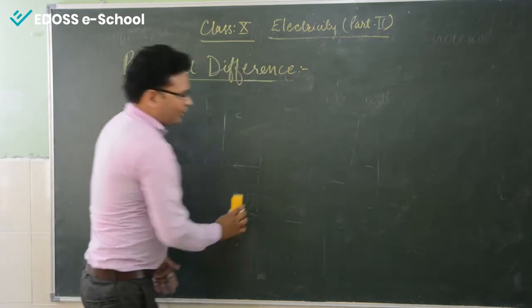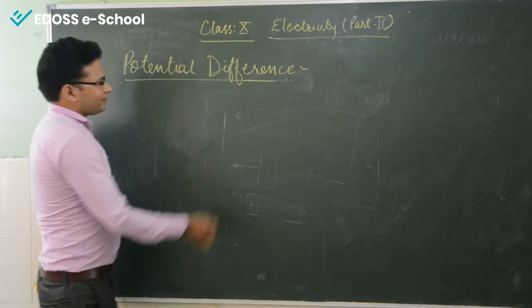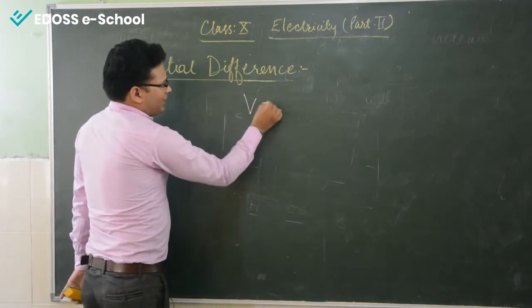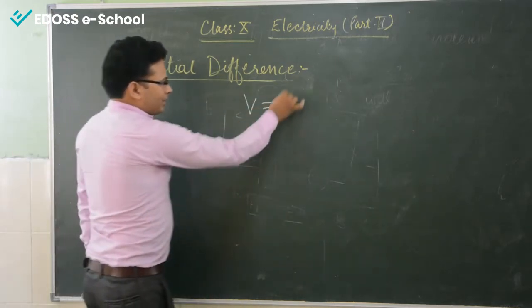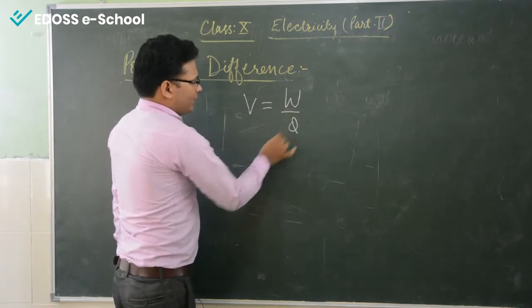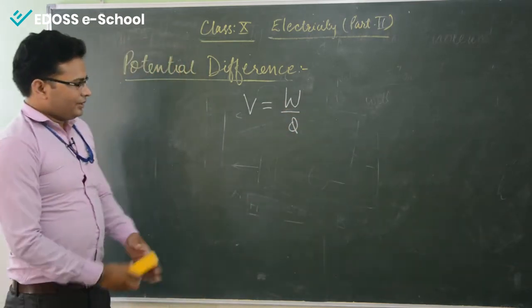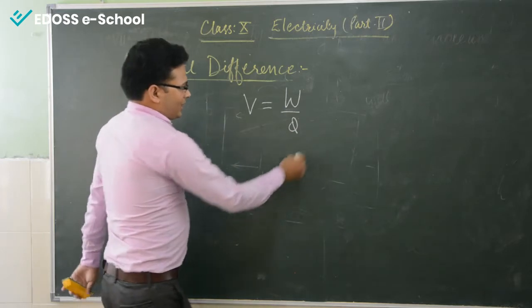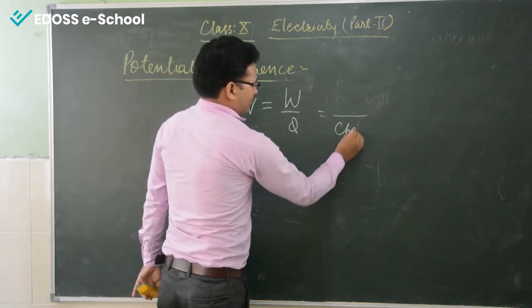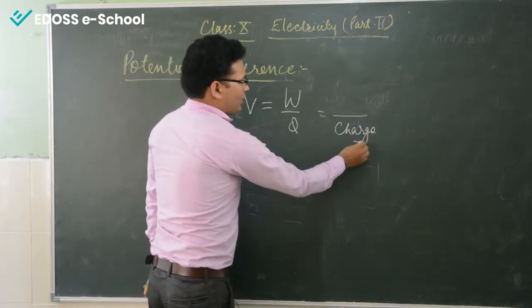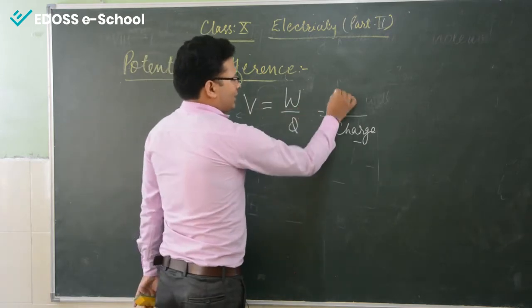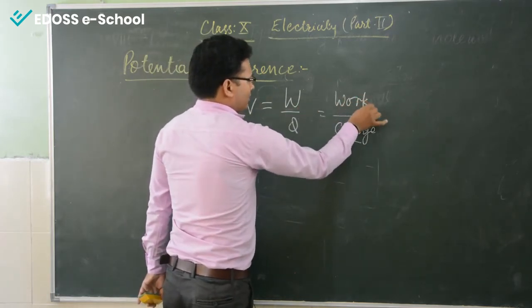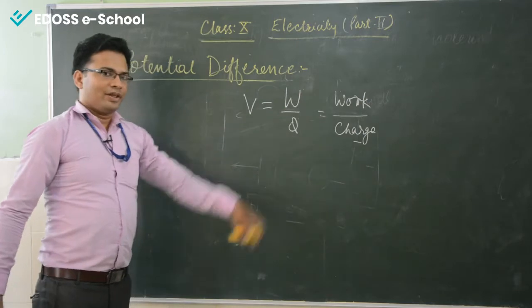Now for the units or the formula, we generally write V is equal to W by Q. Q, as I said earlier, stands for the charge. Charge is measured in coulombs and work stands for W. So work is measured in joules.